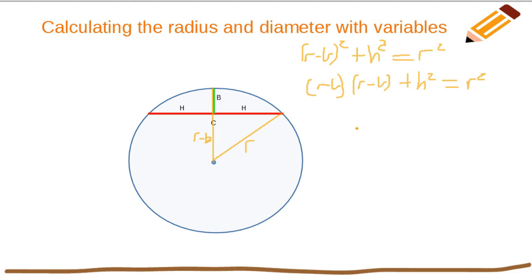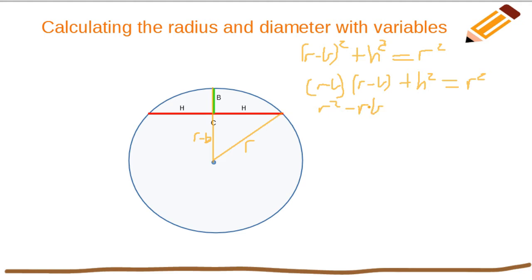Next we're going to use the FOIL method to multiply these two brackets with each other. We start with the F, which is firsts, and that's r squared. Next the O, which is minus rb.